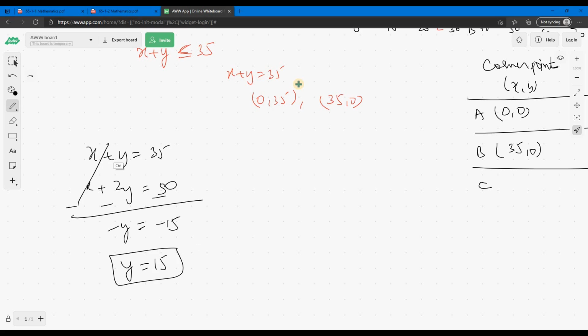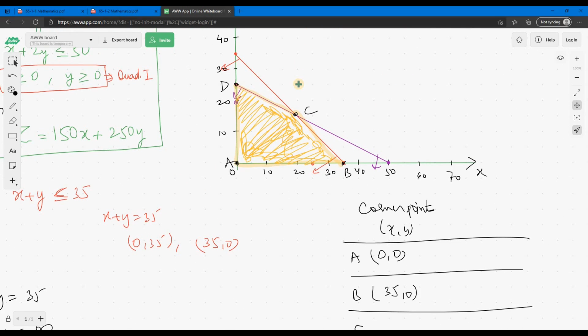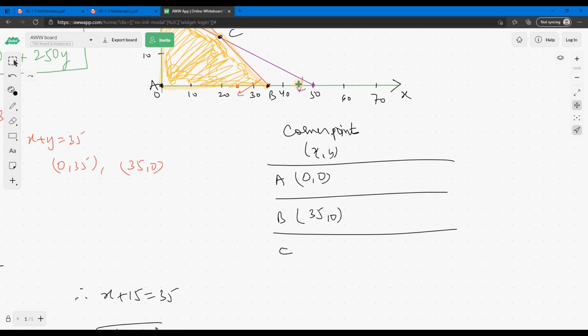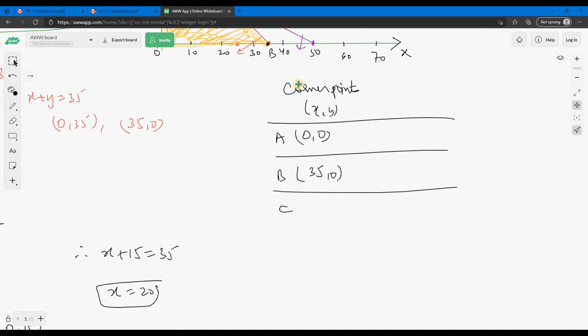Now when you put y equals 15 in x plus y equals 35, we have x plus 15 equals 35, so x equals 20. So x equals 20 and y equals 15 is the point of intersection of those two lines. Sorry, I made a mistake earlier: x is 20, y is 15, that is good. So this is the point C, which was looking approximately like it; I don't know why I took 25 there.